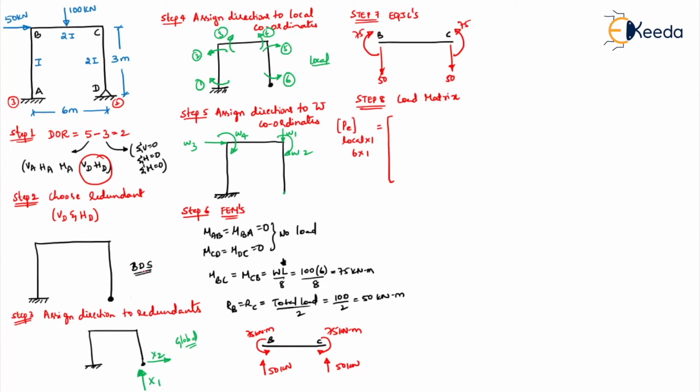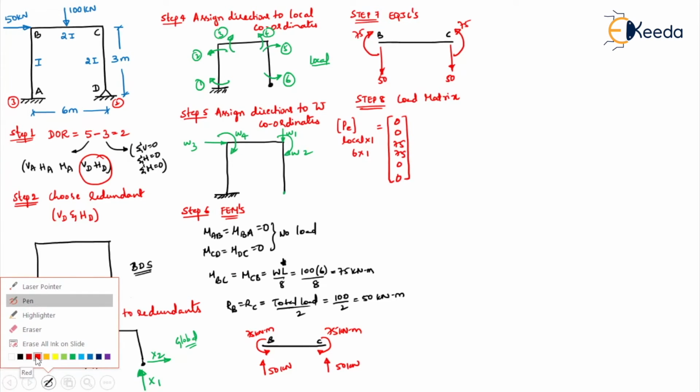Check all the local coordinates and compare it with your EQJL. So at 1 value will be 0, at 2 0, at 3 75, at 4 75. Directions are same, so positive. At 5 and 6 it will be 0. So 0, 0, 75, 75, 0 and 0. Understood? So that's your PE.